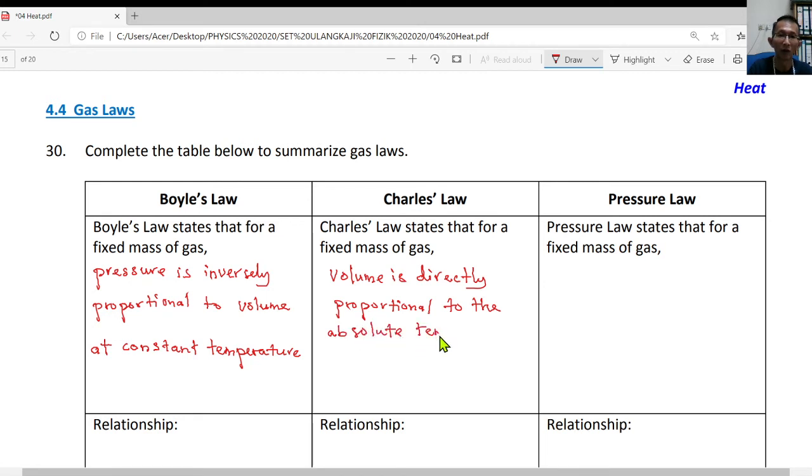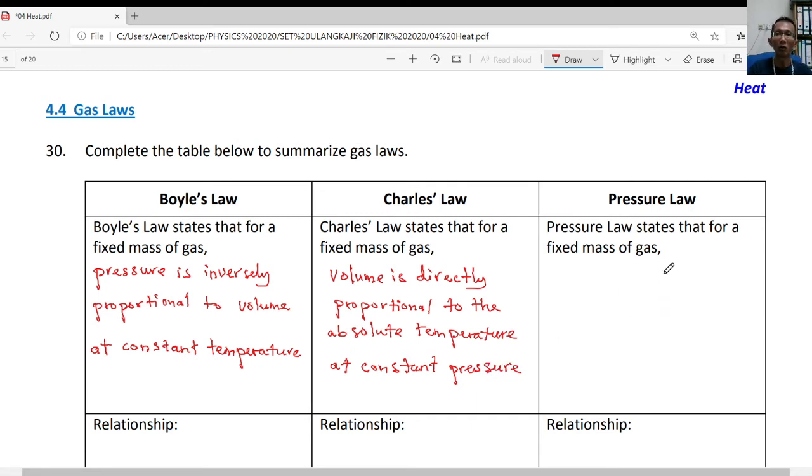This is what Charles' law says. But here, what is constant? Here, at constant pressure. That is what is mentioned in Charles' law.